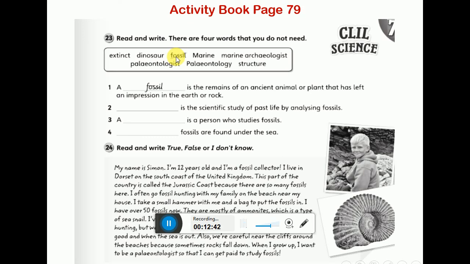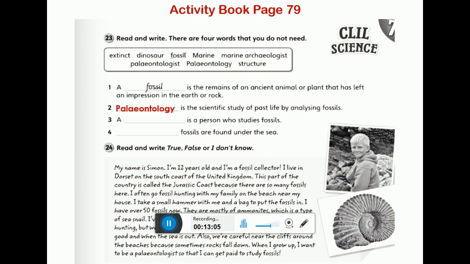Fossils. Marine is related to the water, the sea animals. Marine archaeologists are archaeologists who study fossils or sea fossils.